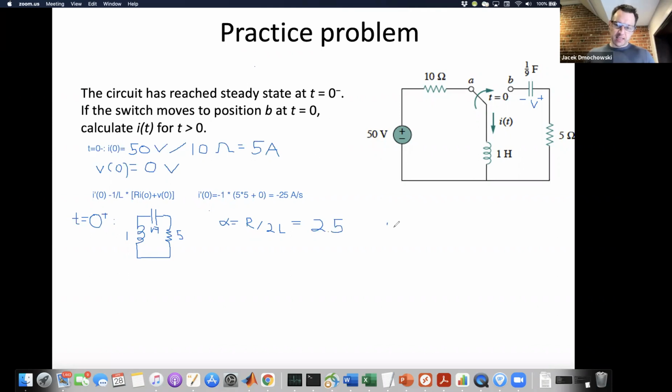And our omega is always 1 over the square root of LC, which is equal to, what's in the square root sign is 1/9 times 1.